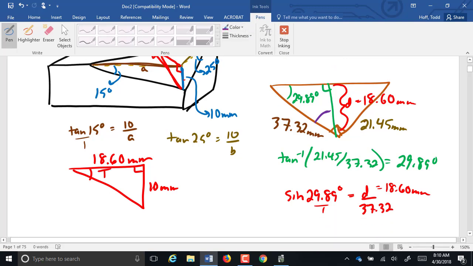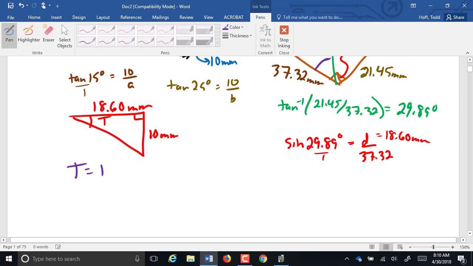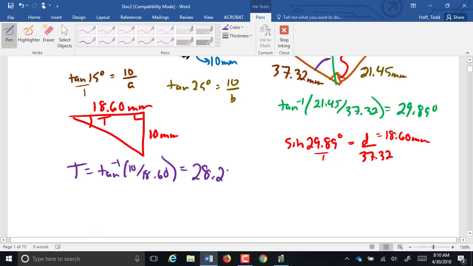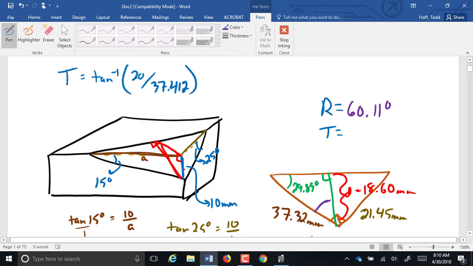That angle of tilt, the inverse tangent of the 10 over 18.6. Sounds right, 28.26 degrees, which is our tilt.